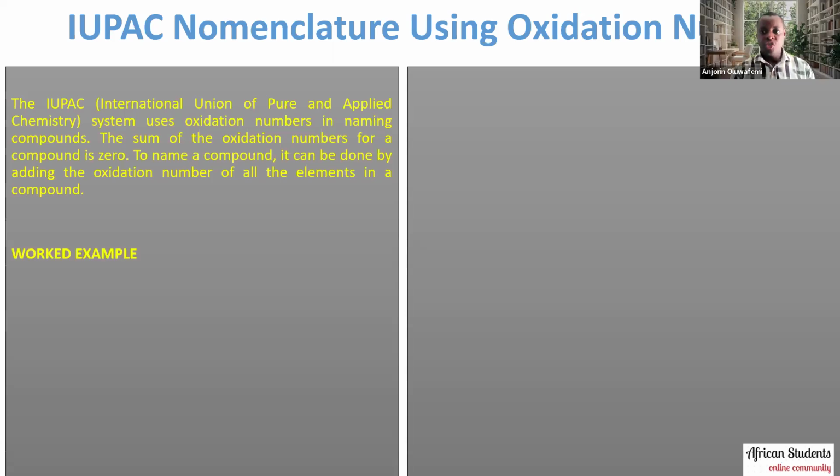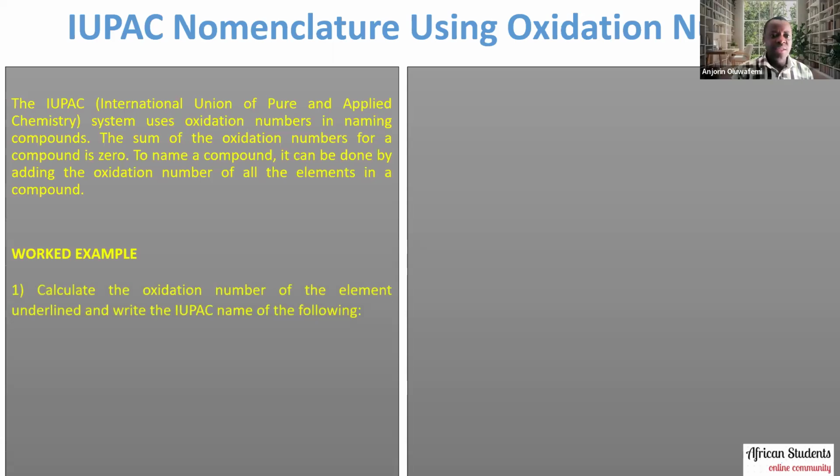So let's look at some of these examples and try to name some compounds now. This one says: calculate the oxidation number of the elements underlined and write the IUPAC name of the following. The underlined element is sulfur in Na2SO4. So we need to calculate the oxidation number and then write the IUPAC name.